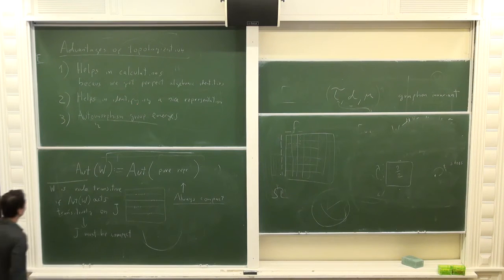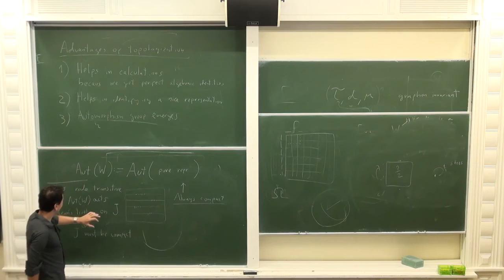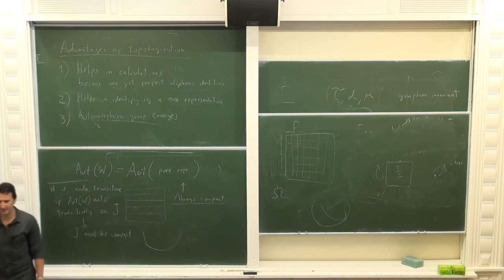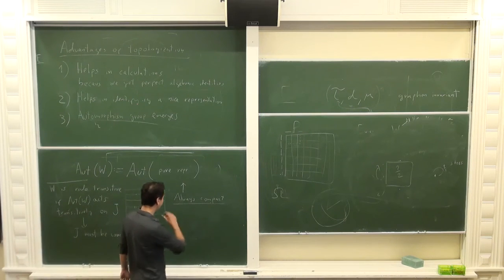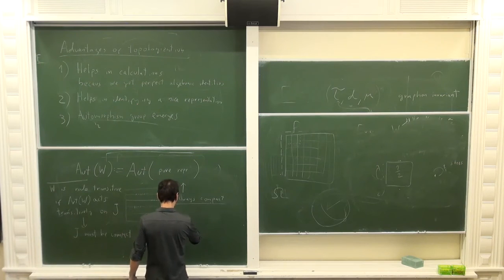So an automorphism is an isometry of this pure representation J, which satisfies the following property.